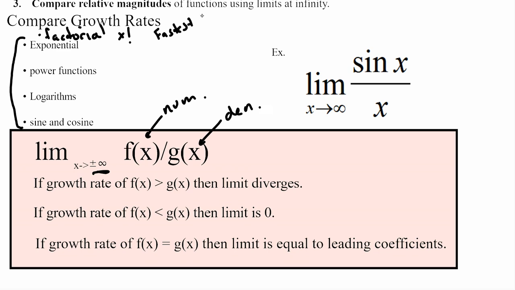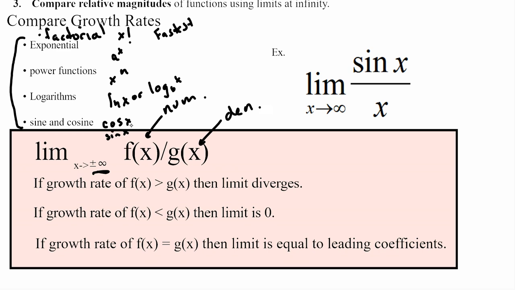Then followed by exponentials, which would be like a to the x, followed by power functions, which are x to the n, then logarithmic functions, which are the snails of the bunch, which are natural log of x or log base b of x, and then you have a trig function, cosine or sine of x.